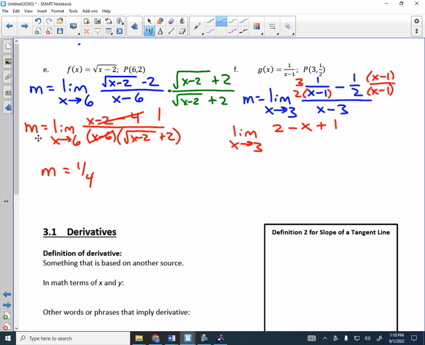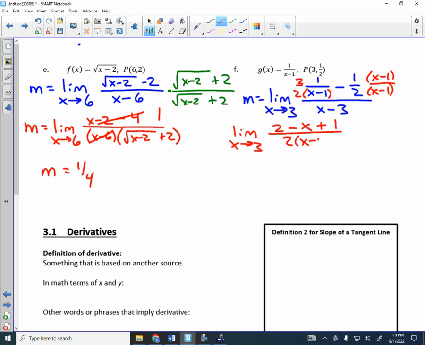That's a mistake you make. I distributed the negative sign to the x and to the negative 1. Sorry about that. Over, what's the denominator?